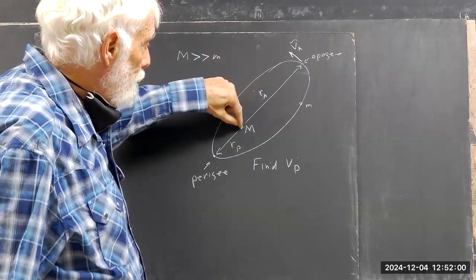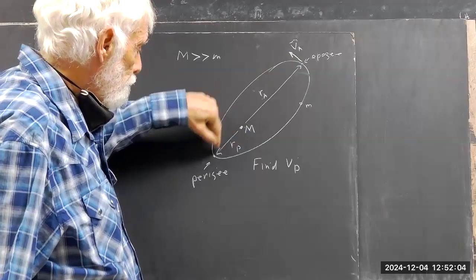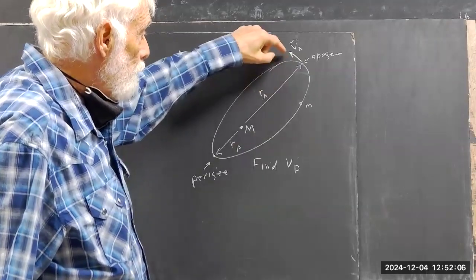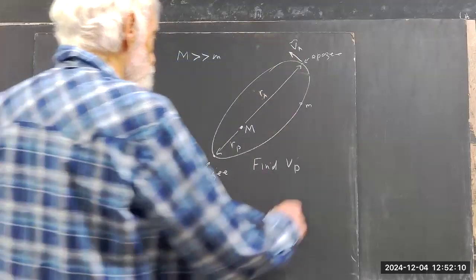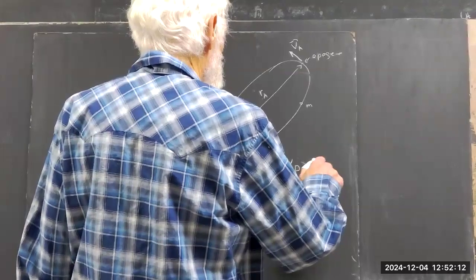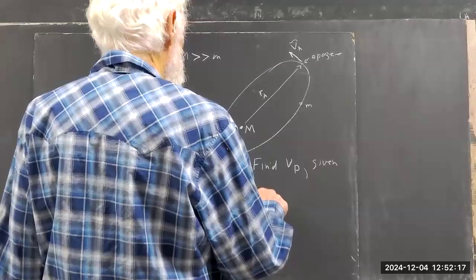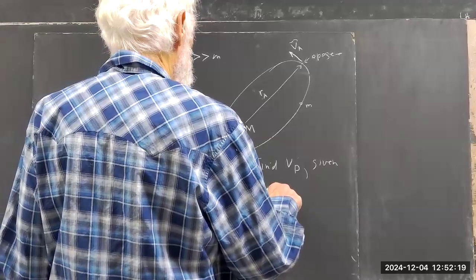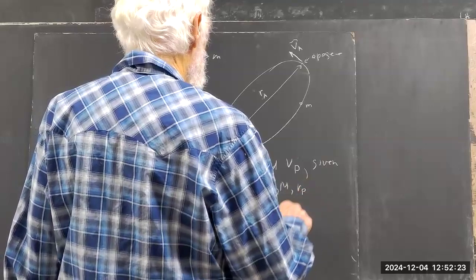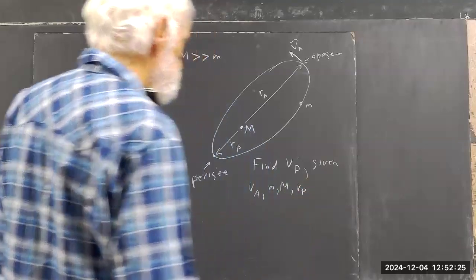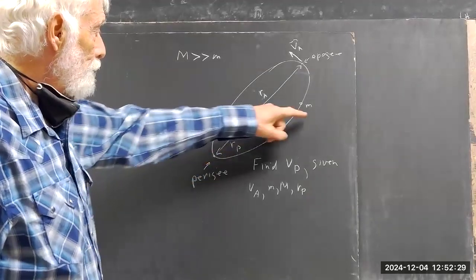R sub A, I'm going to use for the distance of the apogee, R sub P for the distance to the perigee, and V sub A for its velocity at the apogee. So I want to find the velocity at the perigee given these four things, this, and this.